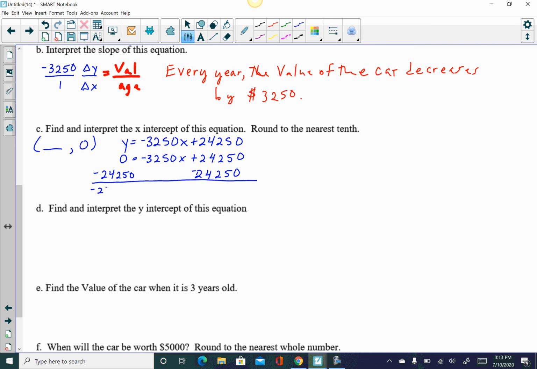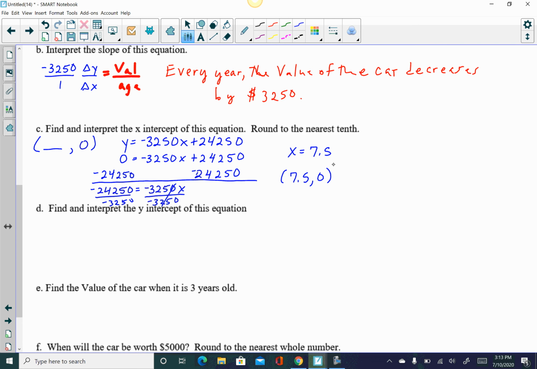So negative 24,250 equals negative 3250x. Divide by negative 3250. So x equals 7.5. So if I were writing my ordered pair, then I have 7.5, comma 0.